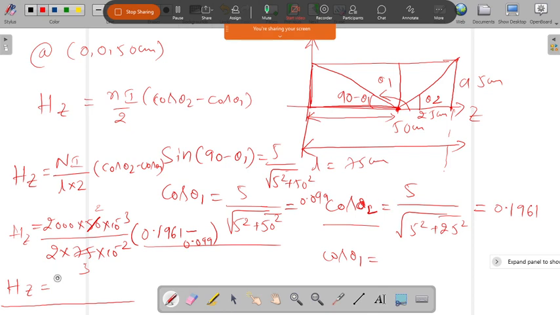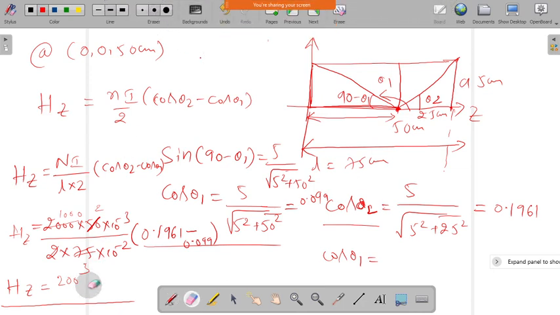We can write this one as 200, or we can have 1000 here, and 1 if it goes. Then we can write 100 into 2 divided by 3 into this value. So what is this value?